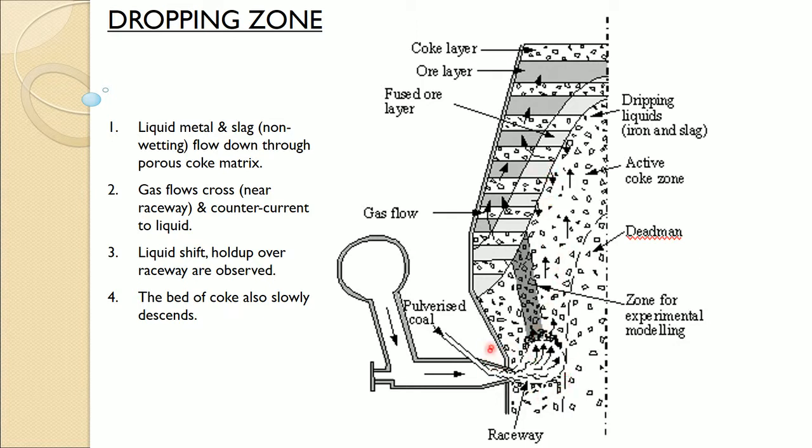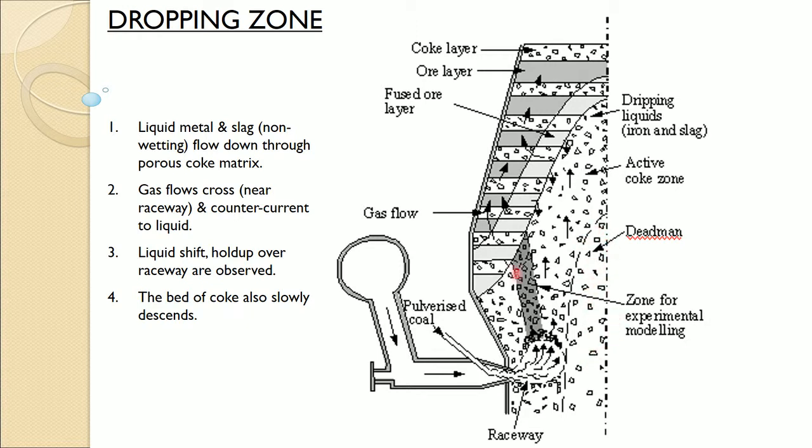in this region in front of the tuyere, you have a gas movement in the perpendicular direction of the liquid and solid flow, and this boundary shows the dead man, where coke is mostly in inactive form.